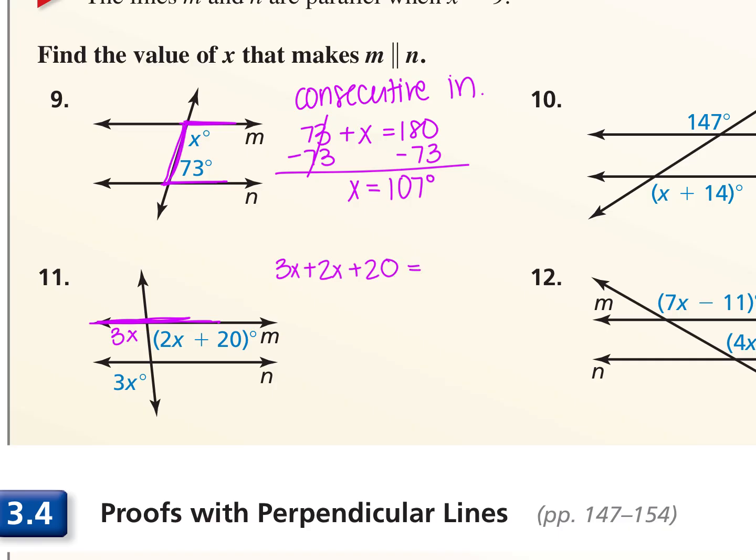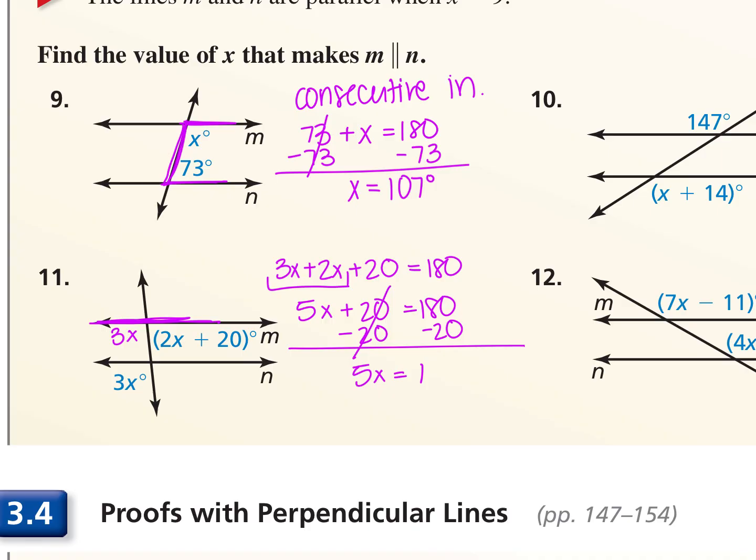Add both of them and set them equal to 180. They're supplementary angles. So first I'm going to combine my like terms. And then I'm going to subtract 20 from both sides of my equal sign. You're always doing inverse operations to both sides of the equal sign.